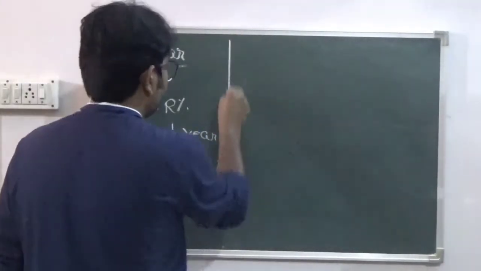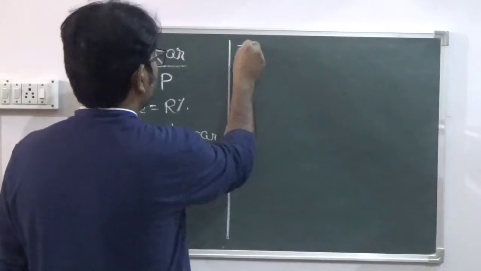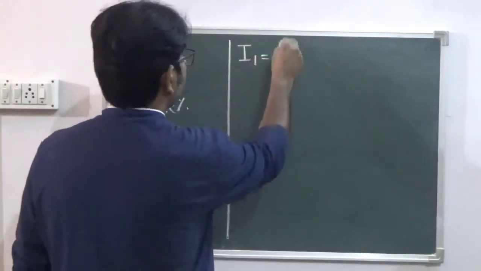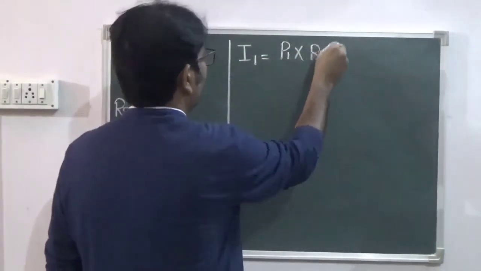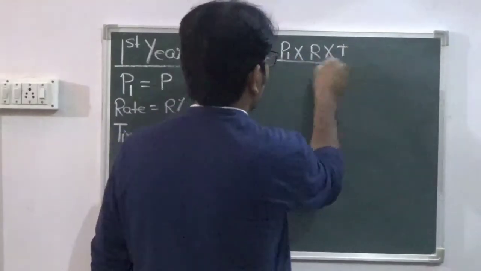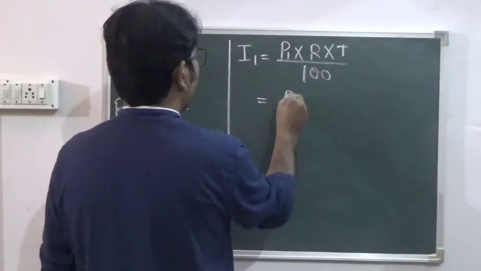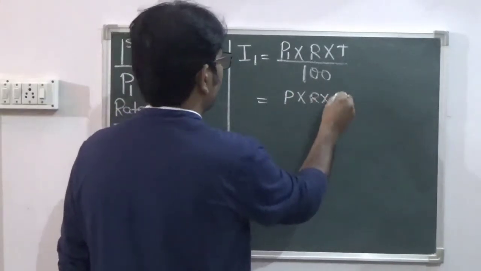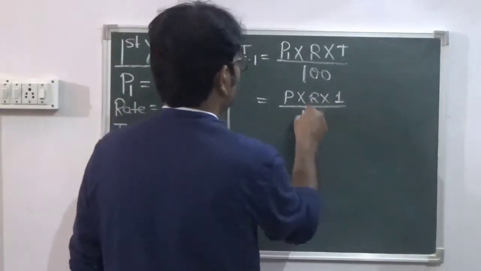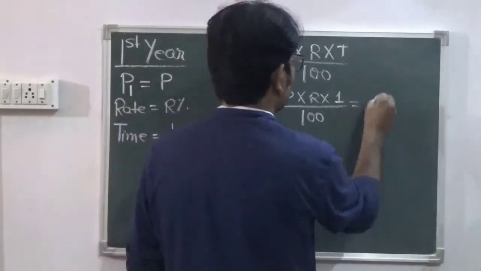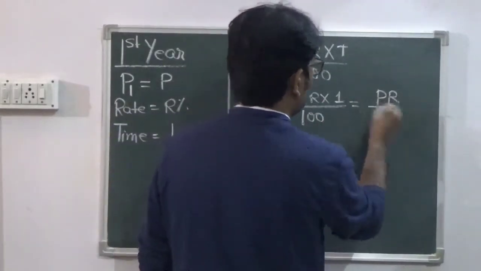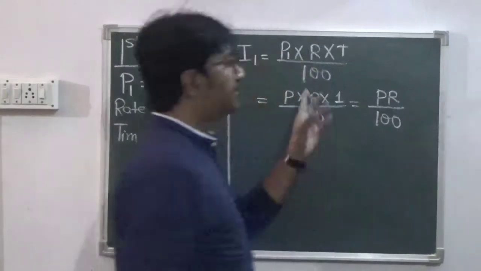So let us find the interest for the first year. I1 is P1 into R into T by 100. So P1 is P into R into 1 by 100, and that is coming to P into R by 100. So this is the interest for the first year.